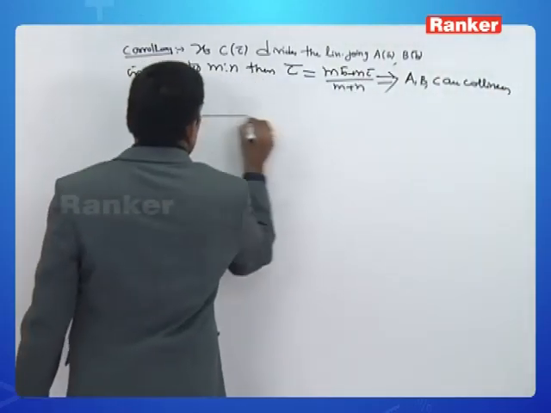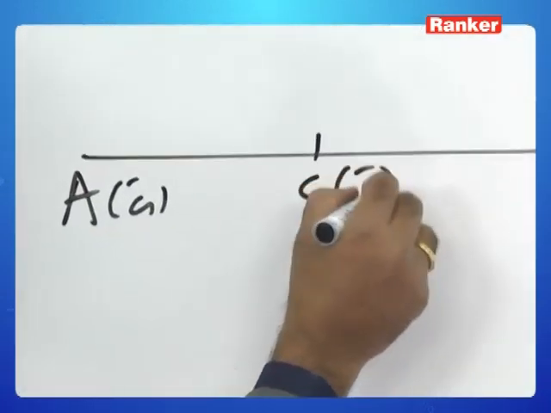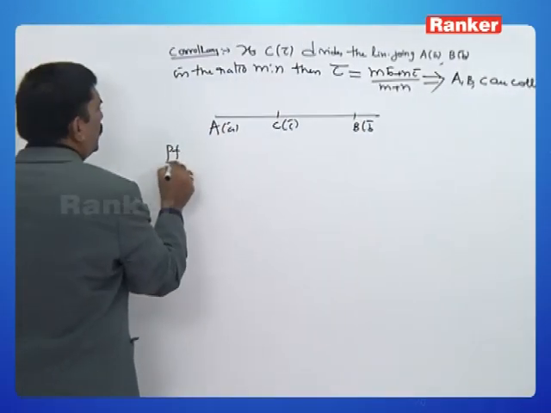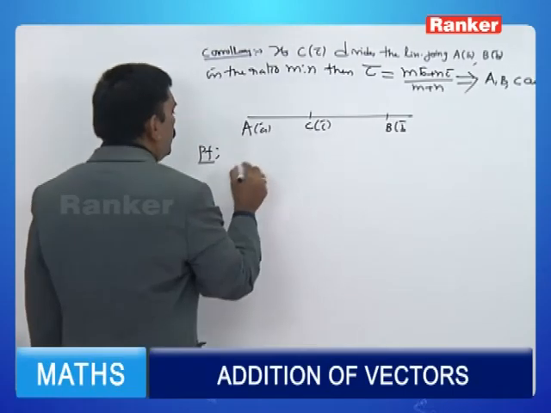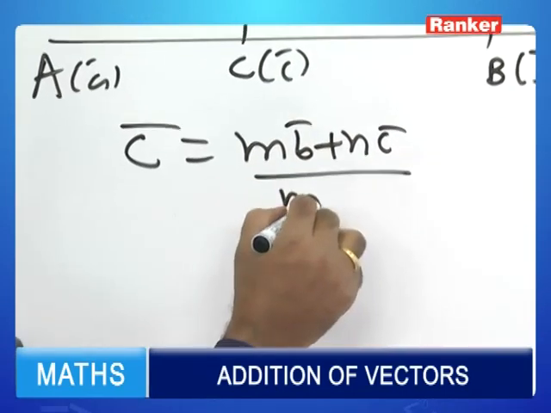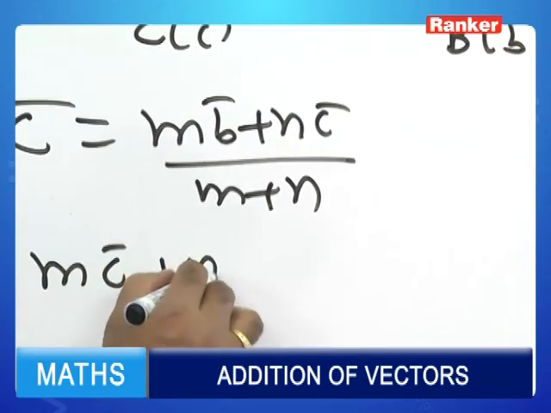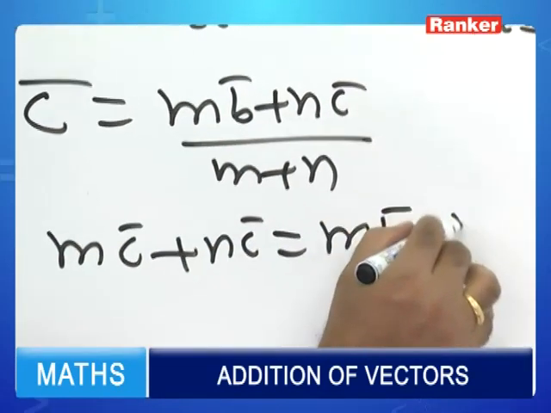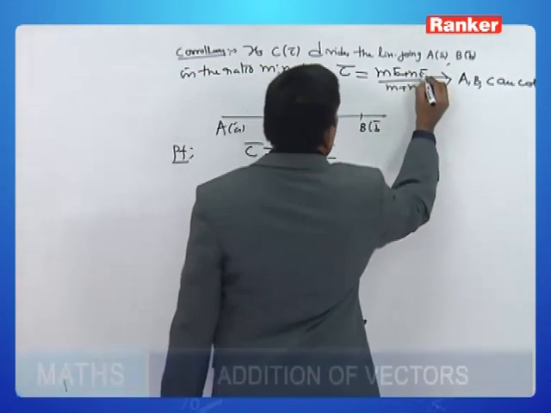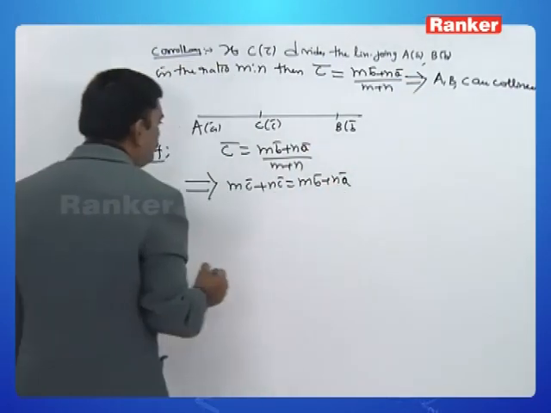collinear. Now if I take A of A bar, C of C bar, B of B bar, we have to show that they are collinear. Now what is given? C bar is equal to mb bar plus na bar by m plus n. You cross multiply: mc bar plus nc bar equals mb bar plus na bar.